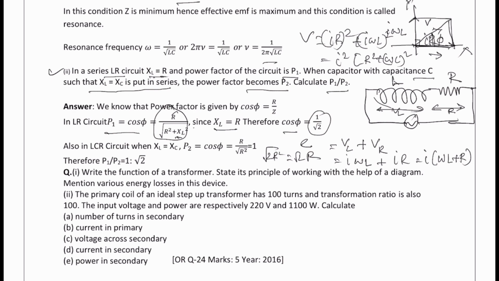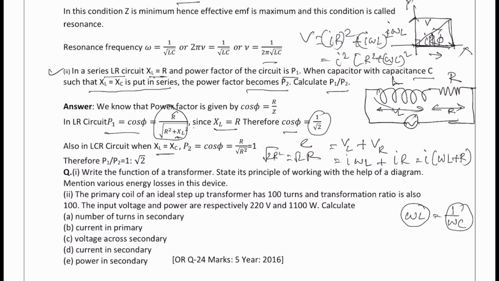Now when XL is equal to XC, this is called resonance, correct? Then what is the power factor? When XL equals XC and resonance occurs, omega L and omega C cancel each other. The resistance offered by the inductance and capacitor cancel each other.